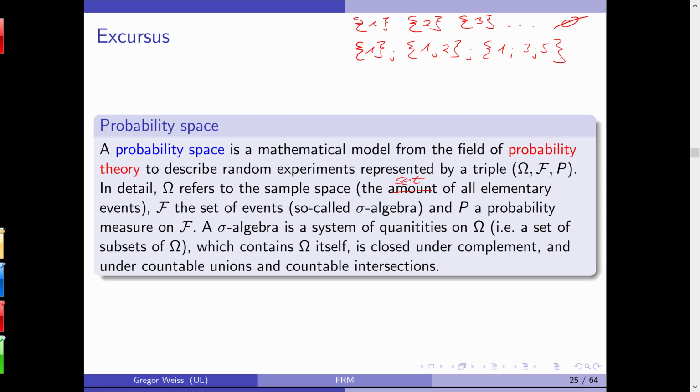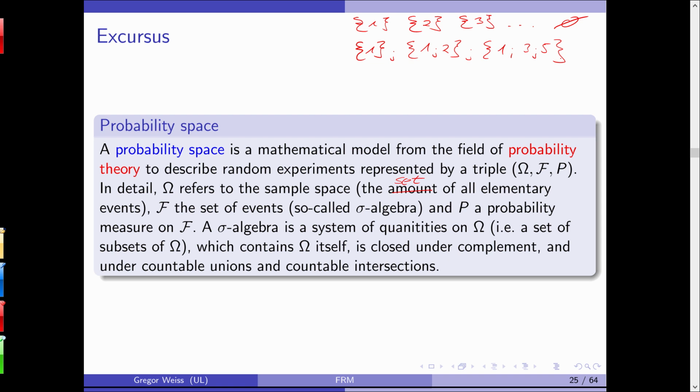It simply means that you want to assign a probability not just to 1, 2, 3, 4, 5, and 6, but you also want to put a probability on, for example, an even number, an uneven number, numbers less than 3, numbers higher than 5, when you consider the rolling of a die.